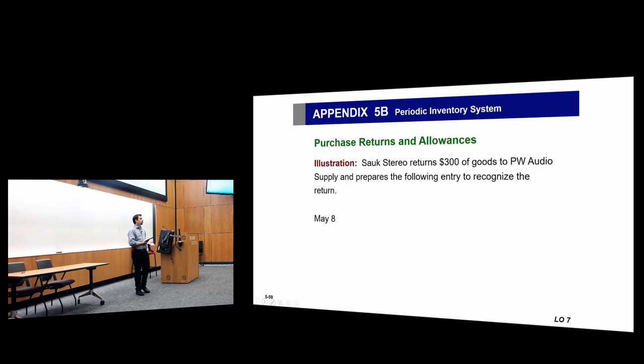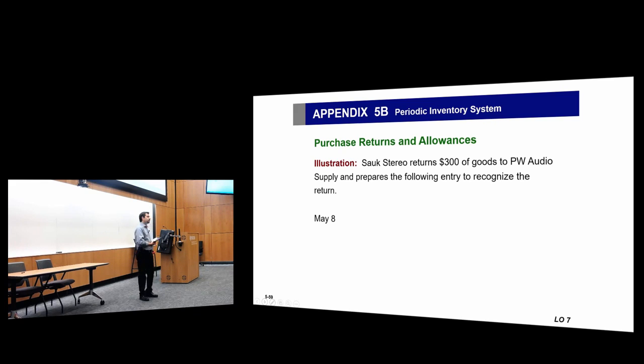When the company returned certain products for $300, again, under the perpetual system, we looked at it from the point of view of inventory. How did it affect inventory? And how did it affect cost of goods sold?